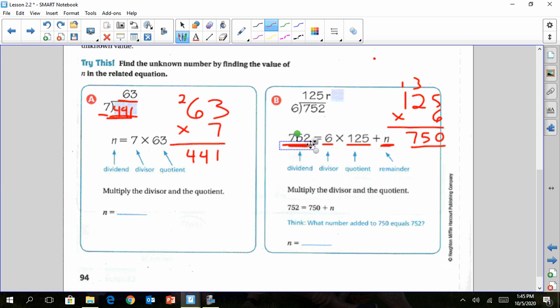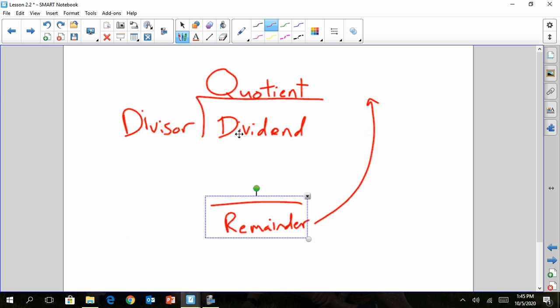So we know that our remainder must be 2, because if I add 2 to that, I would get 752. So our answer, again, then, is 125 remainder 2.